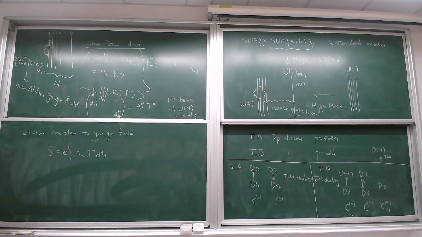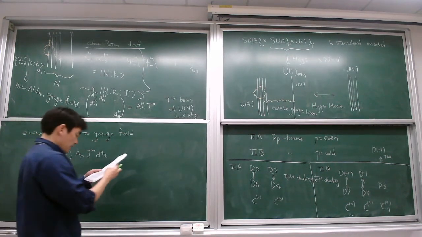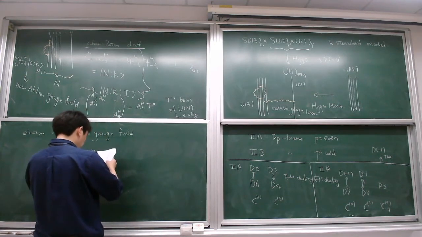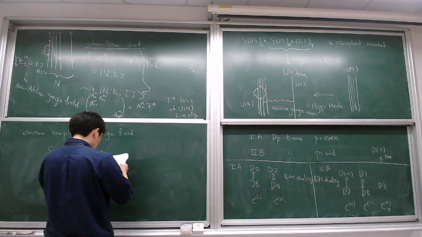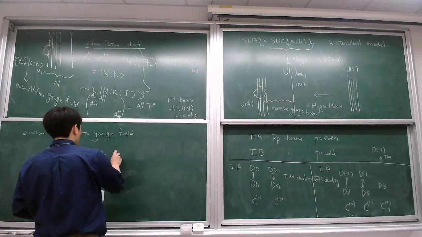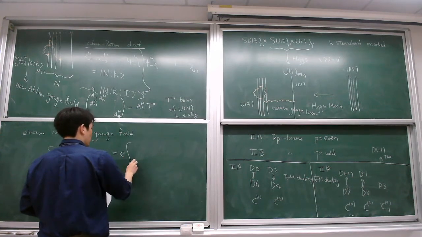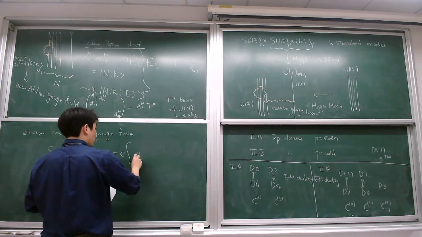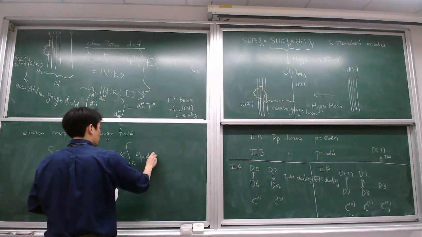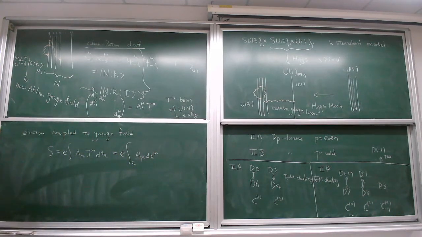That's the action of how they interact with each other. This can be understood as the worldline integral of A_mu dx^mu.